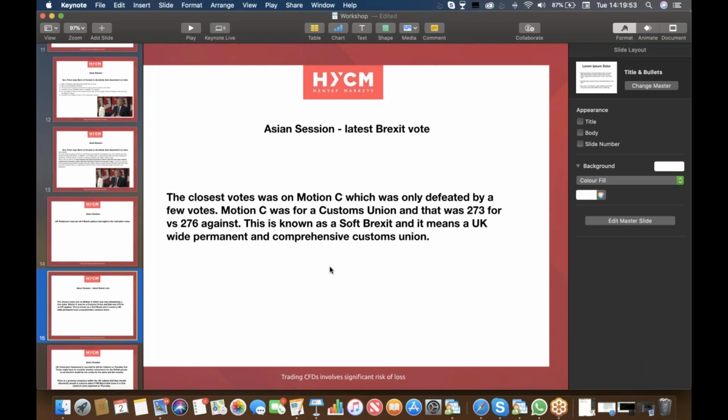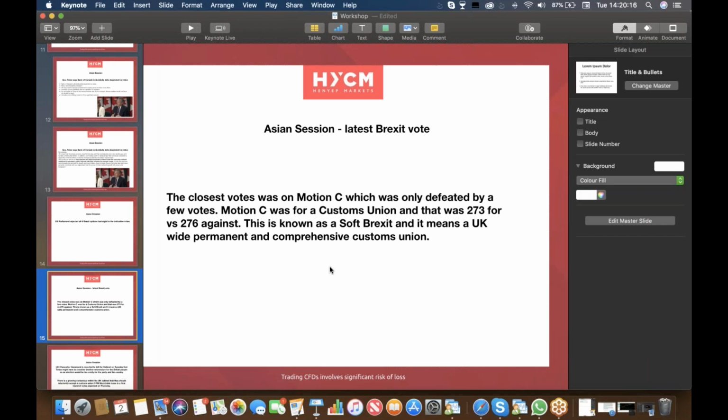Okay. Now, a soft Brexit would be very positive for the pound, okay, because it means less stress, less division, less bureaucratic and technocratic decisions that need to be made with taxes and borders and different complicated financial and political issues.